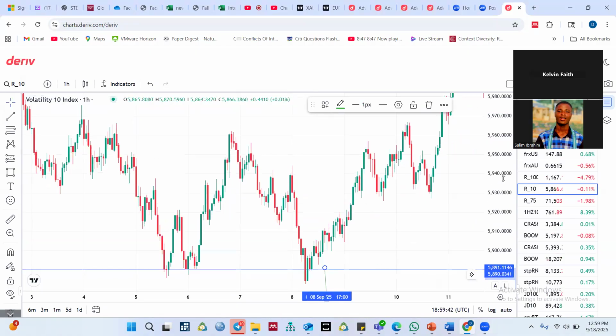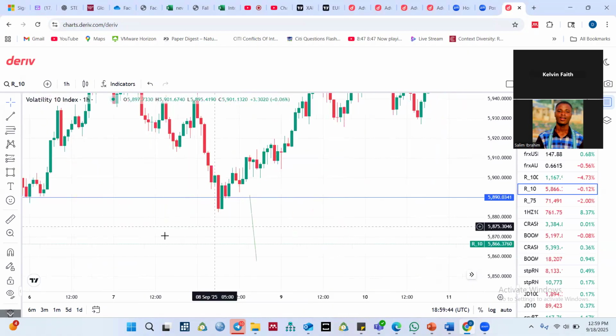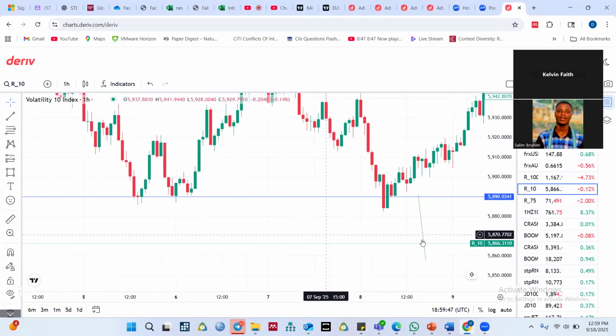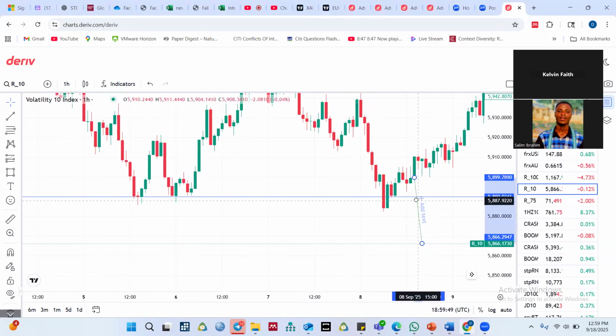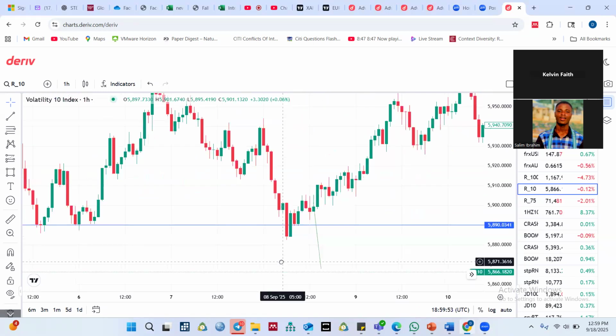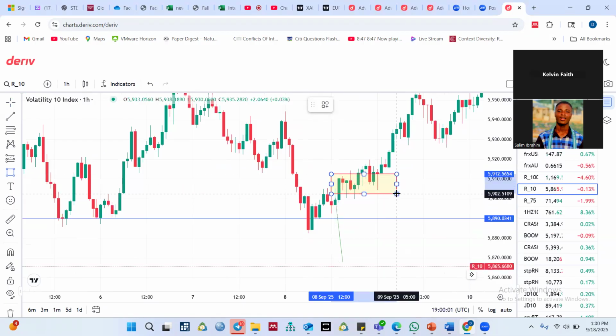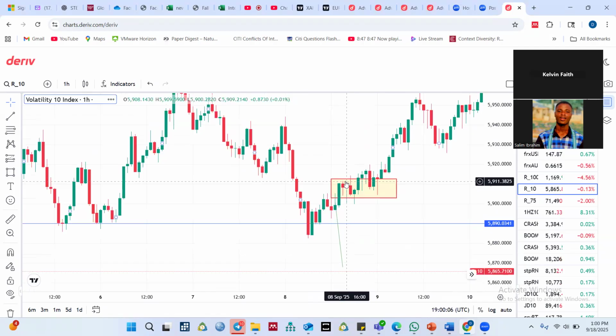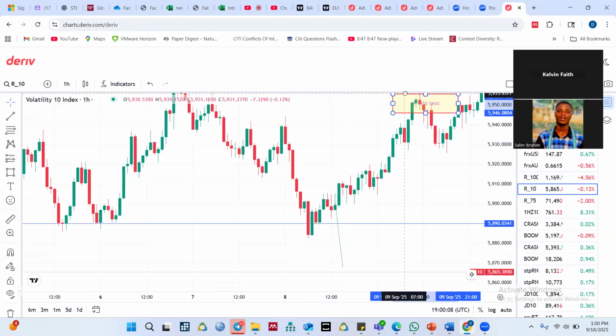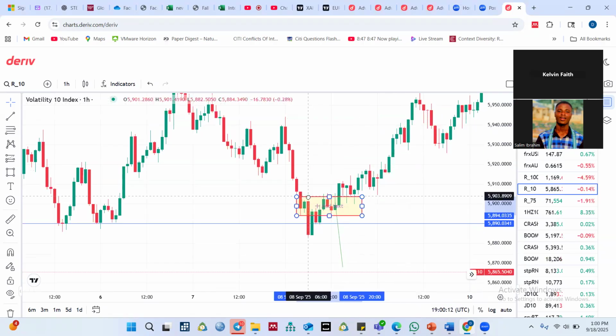No, from the resistance there. This area is a resistance. No, those places that look like a double top. I was waiting if price can sweep the double top there. You mean here? No, the recent high. Here, no, here.